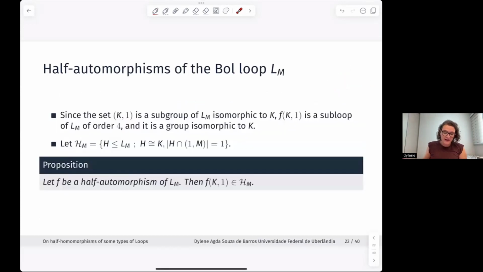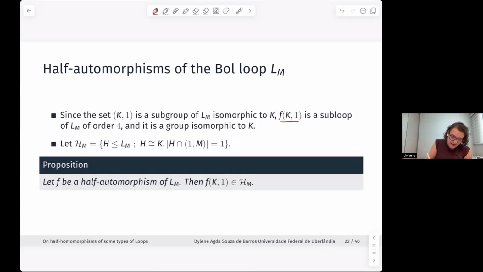For K1, it's not so easy, because of the way that we define the product in Lm. F of K1 is a subloop isomorphic to K, of order 4.